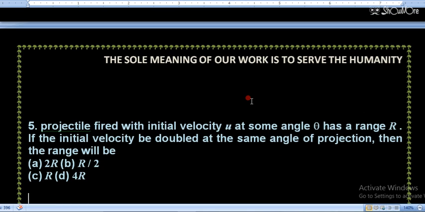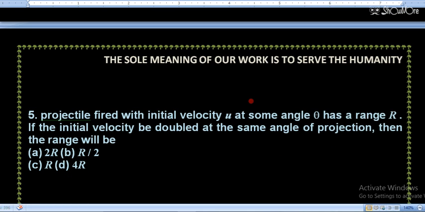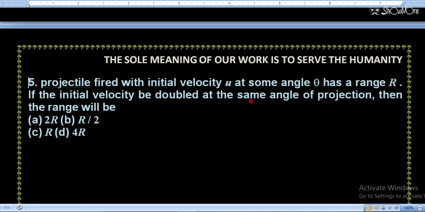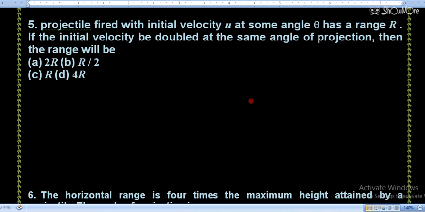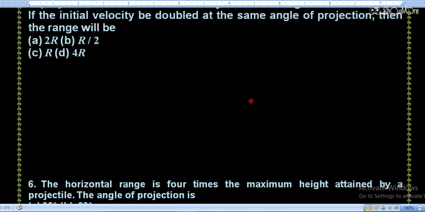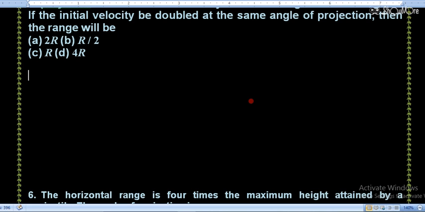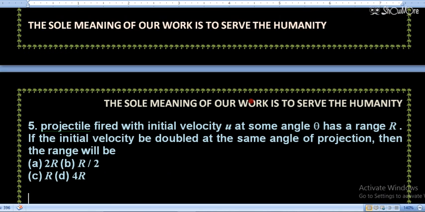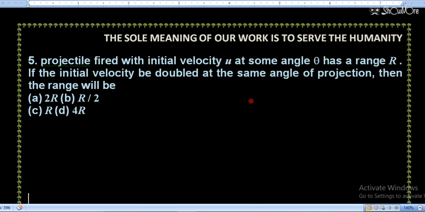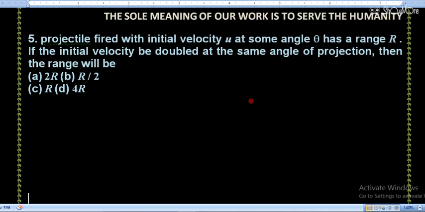Question number 5 says: a projectile is fired with initial velocity u at some angle theta and has a range r. If the initial velocity is doubled at the same angle of projection, then the range will be what? Another very important question, which is displaying on your screen.